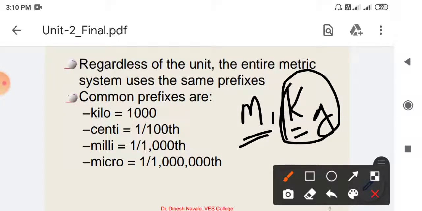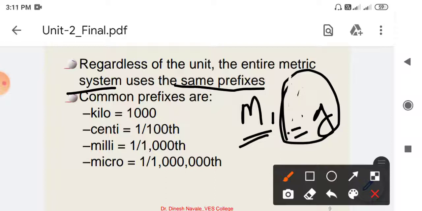So even if we have various units, the entire metric system uses the same type of prefix. Okay, so the basic unit for our weight system is the gram.